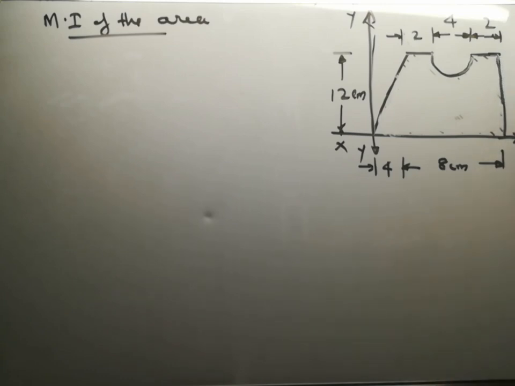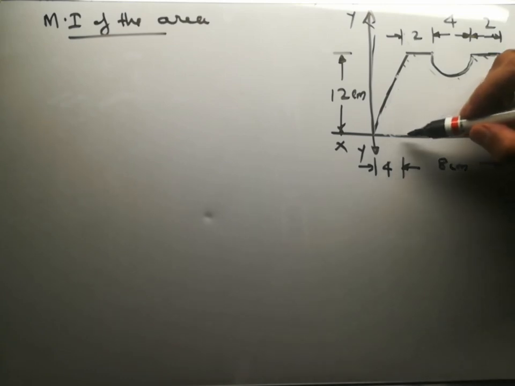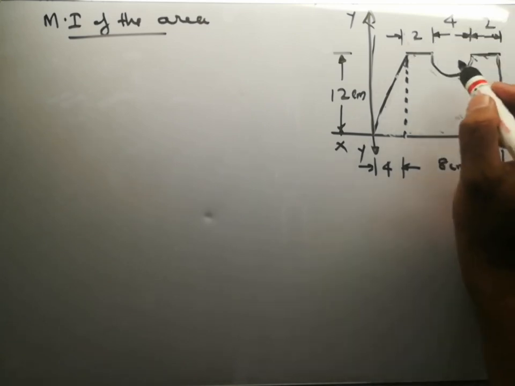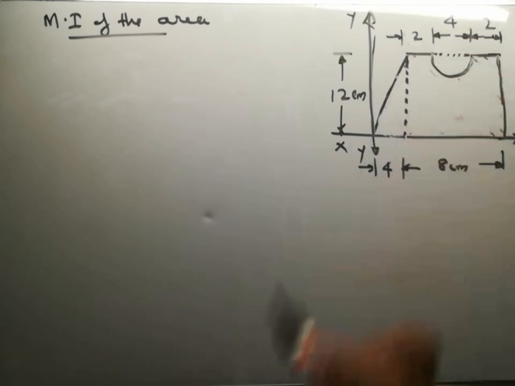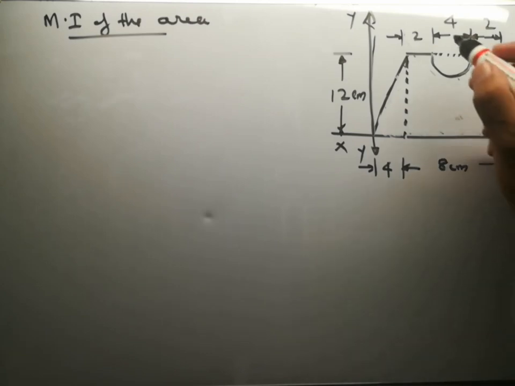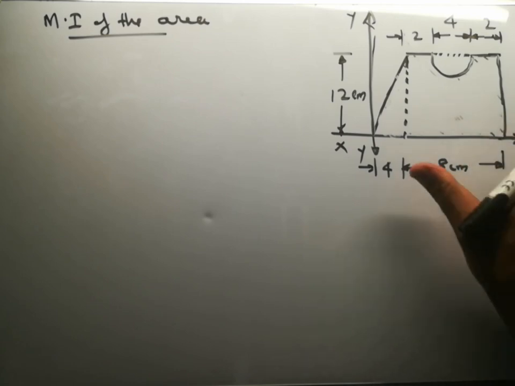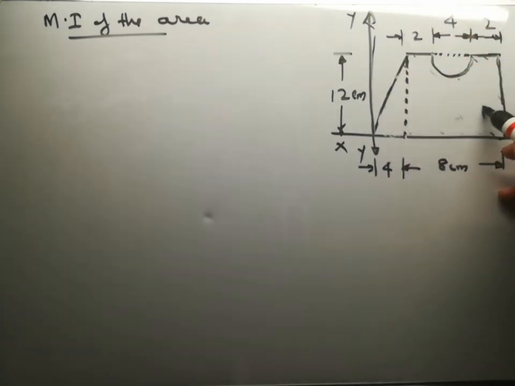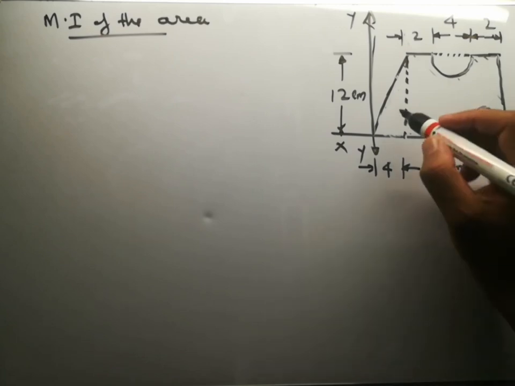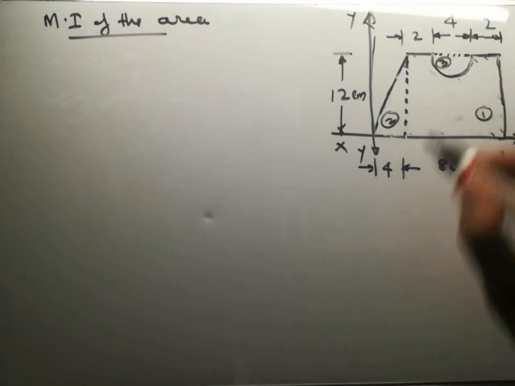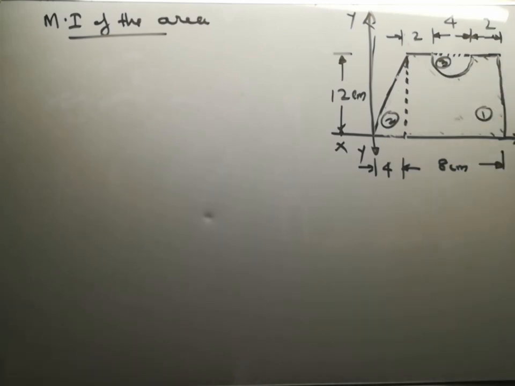So for the time being, I will divide this into three plane figures. Let a full rectangle of 8 by 12 be 1. Then a right angle triangle 2, and 3, a semicircle.